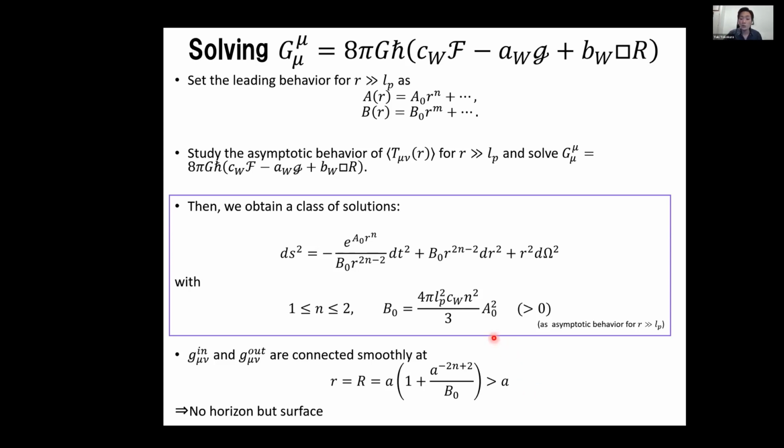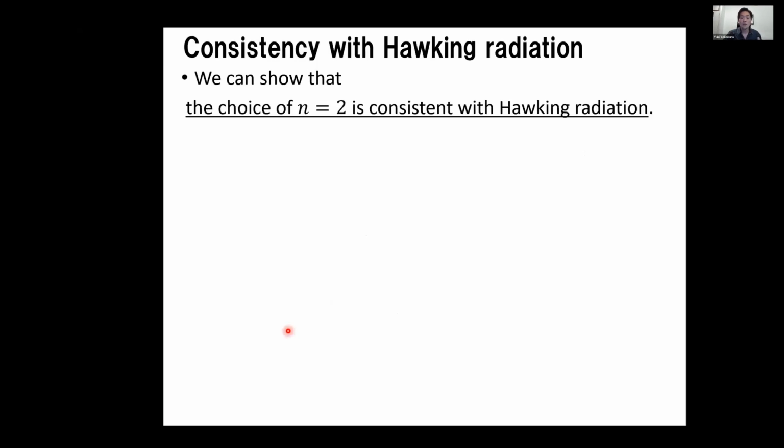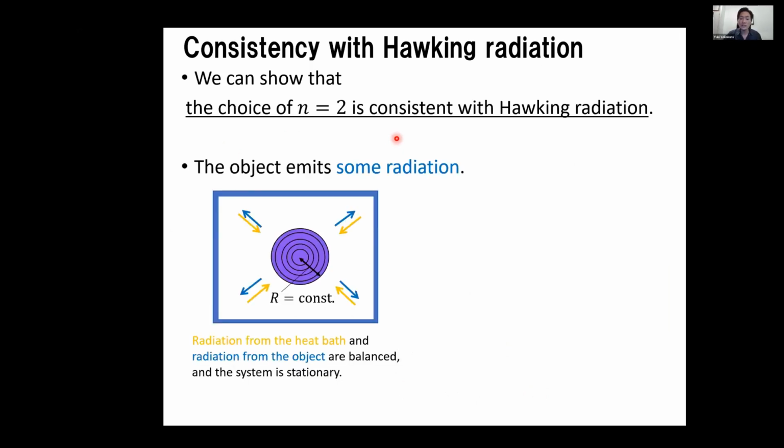And to restrict the possibility of the value of n within this range, we use consistency with Hawking radiation. Indeed, we can show the choice of n equal 2 is consistent with Hawking radiation. The first point is here. The object should emit some radiation because in order for the total system to become stationary, the radiation coming from the heat bath must be balanced with something emitted from the object.